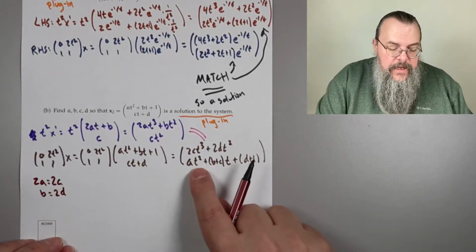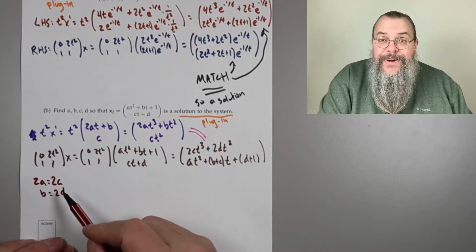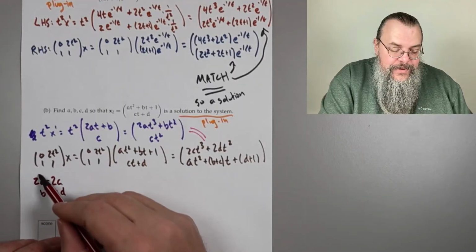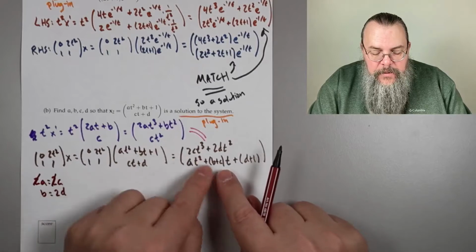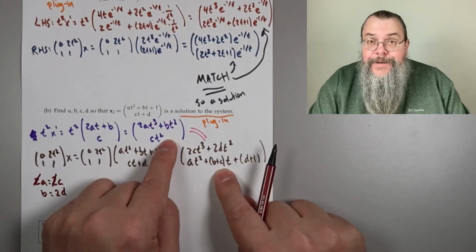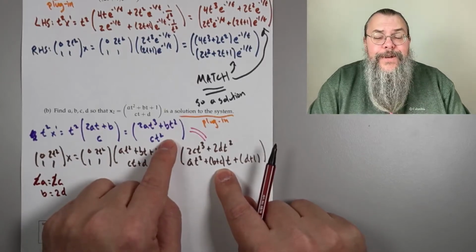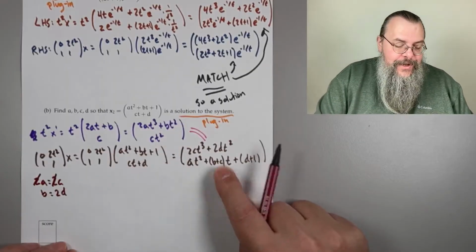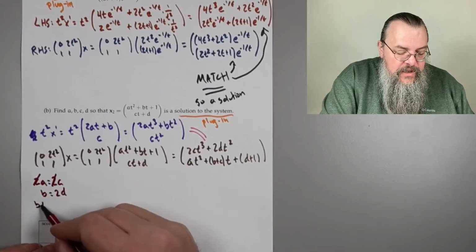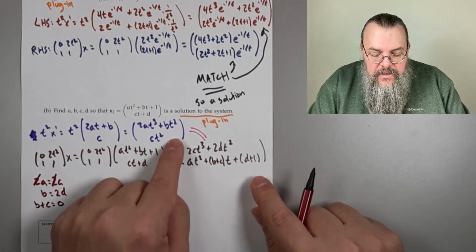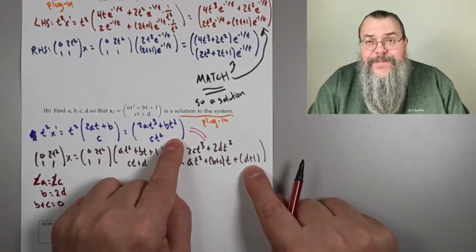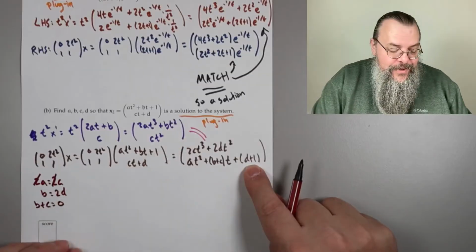So we have that a equals c. Oh, wait a second, we already have that. So we already knew that one. Then we say, well, wait a second here, there's no t. Well, there kind of is. It's 0 times t. So b plus c has to equal 0. And there's no constant. Well, again, kind of is. It means that d plus 1 has to equal 0.